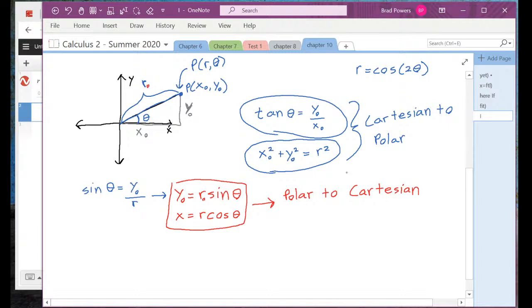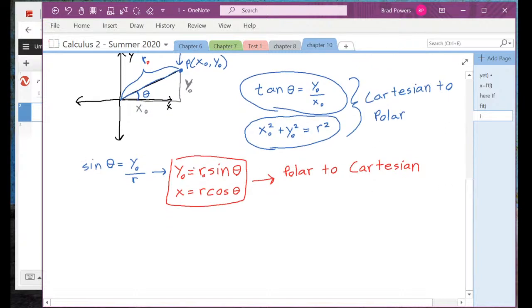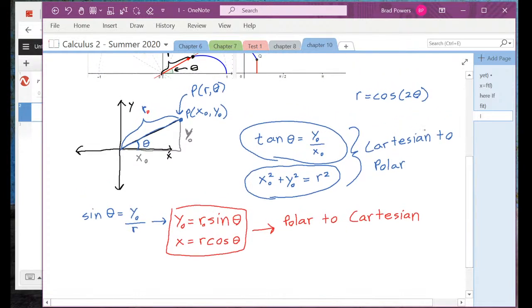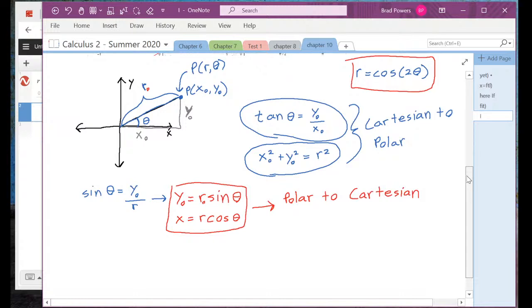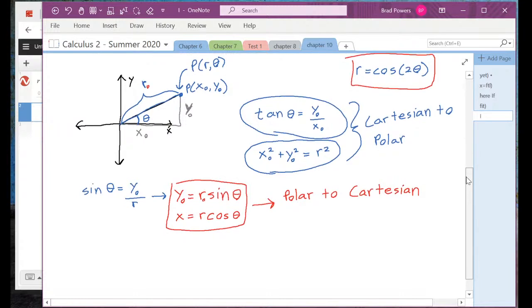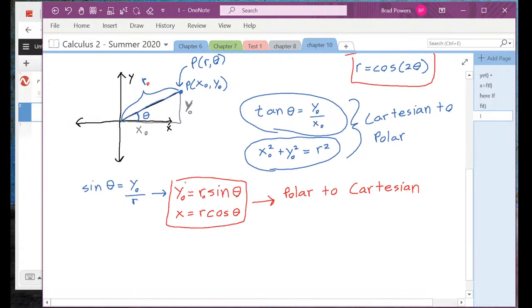And I want to make another link here. We can take any equation, say like here, r equals cosine 2 theta. Can I write that as a parametric equation? Well, I almost do. I almost have y as a function of theta and x as a function of theta, but it's not.